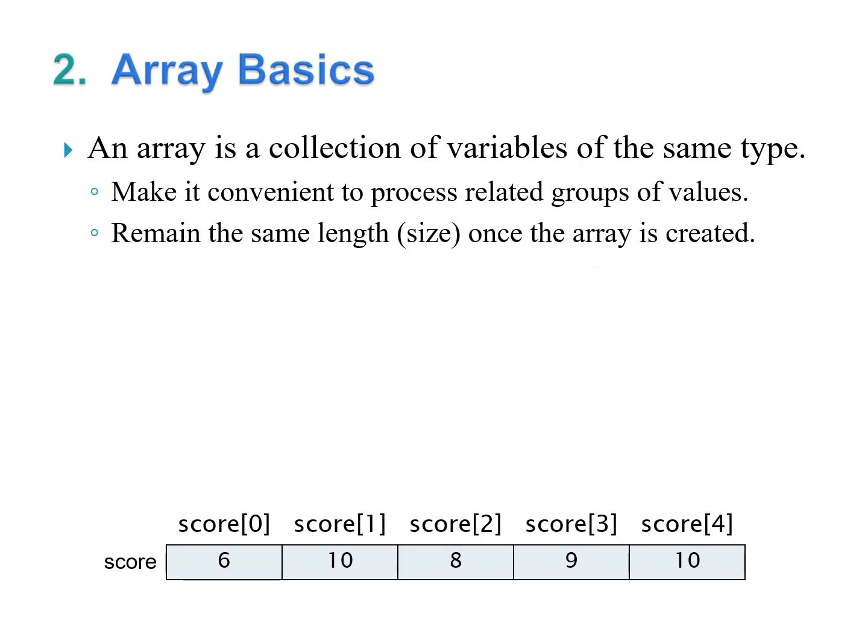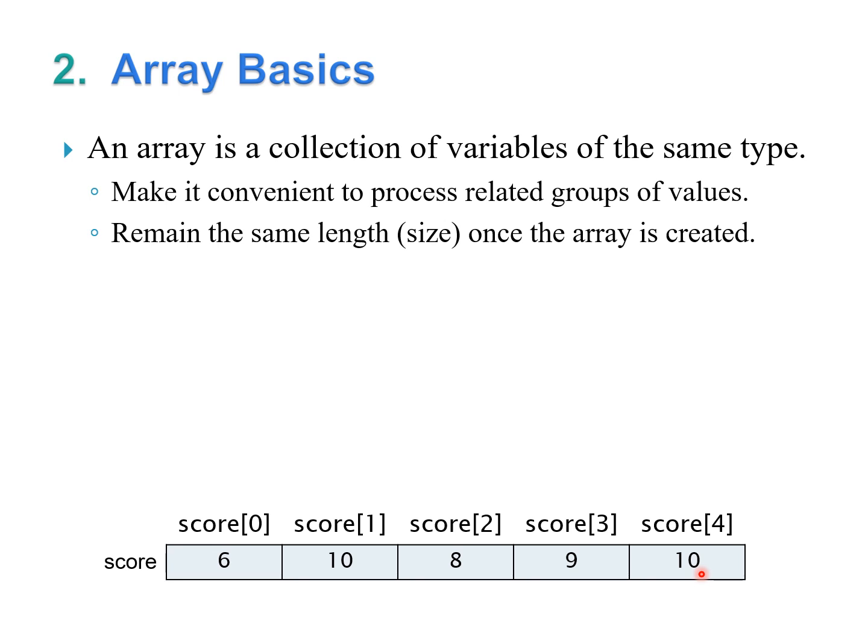An array is a collection of variables of the same type. Arrays make it convenient to process related groups of values. For example, instead of declaring 5 individual variables of type int to hold the scores of 5 students, we can declare one array variable that is the collection of 5 variables of type int.